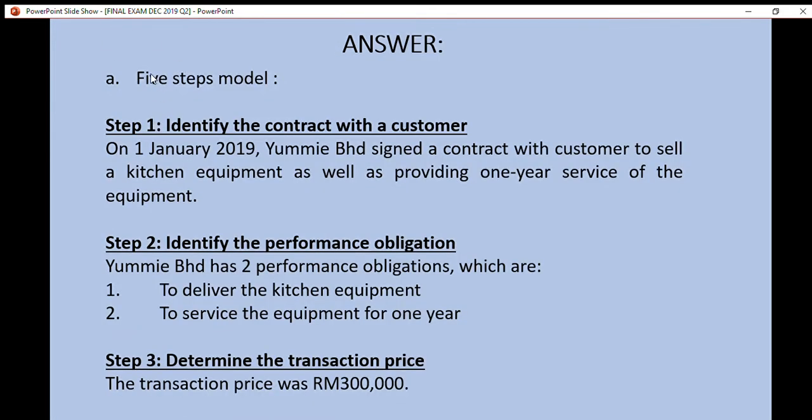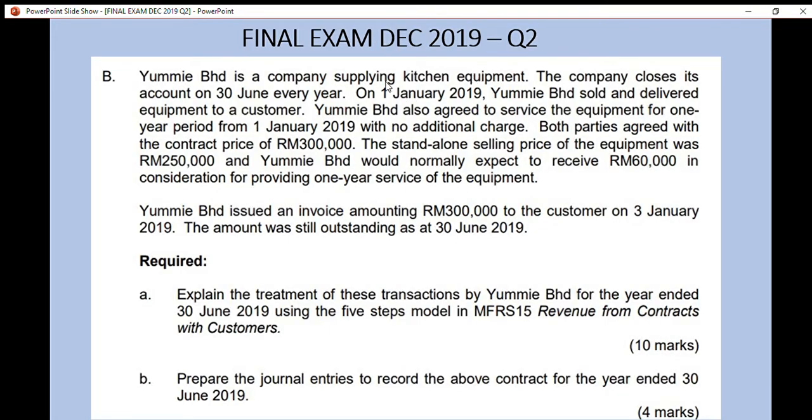For the 5 steps model, step 1, we need to identify the contract with a customer. From the situation given, the contract was made by the seller Yummy Berhad and its customer on 1st January 2019, to sell and deliver equipment to the customer and also to provide a service for the equipment for a 1 year period.